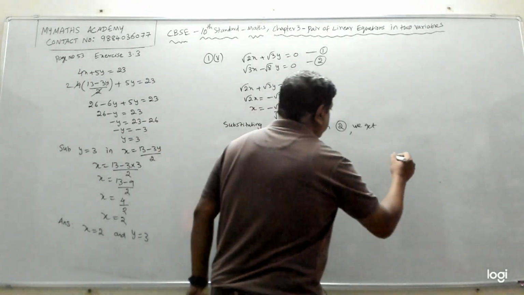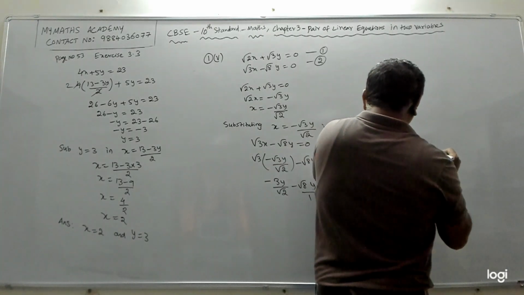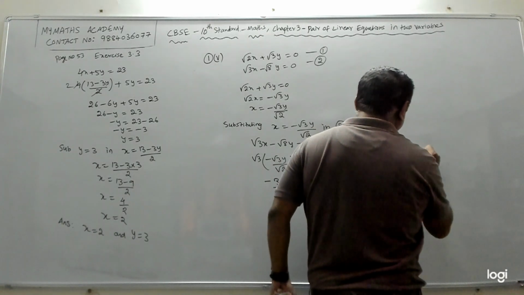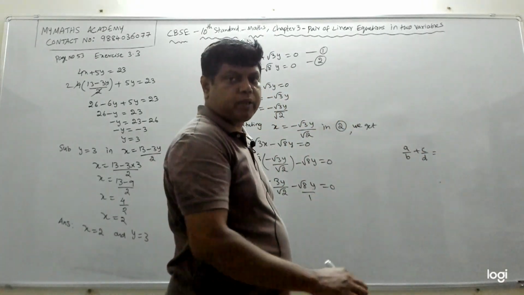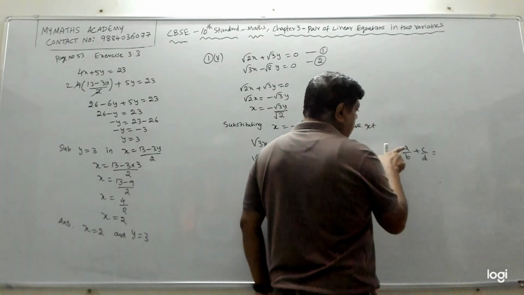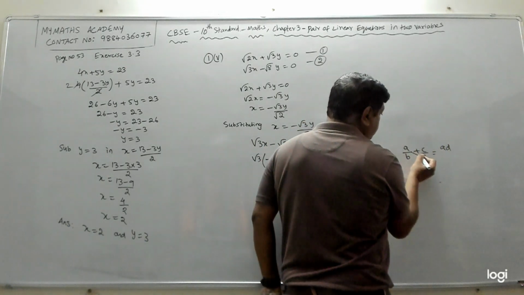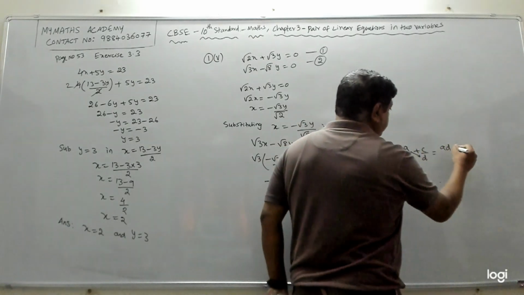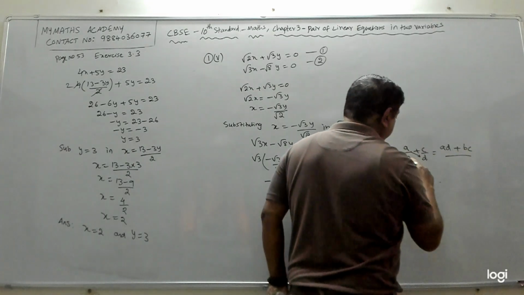Whenever you have a fraction like a by b plus c by d, either you can take LCM and add or subtract the fractions, or you can do it like this: a into d plus b into c, divided by b into d.